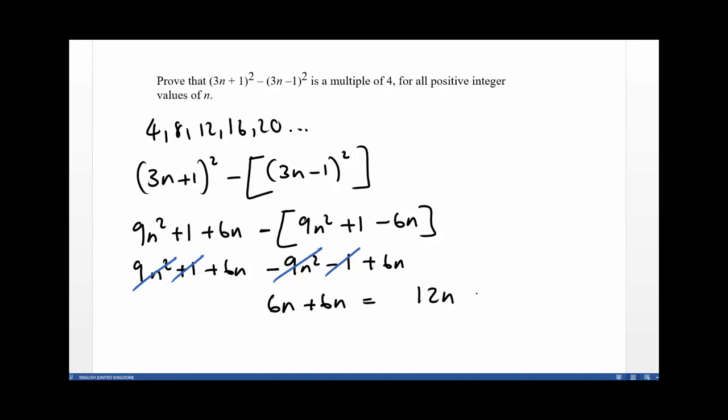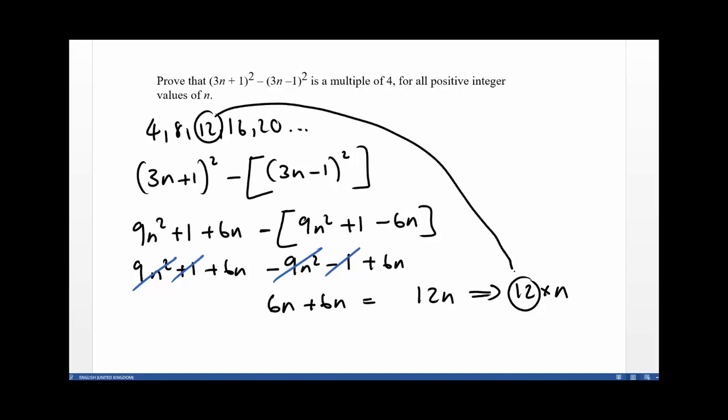This means 12 times n. Isn't 12 a multiple of 4? Yes, it is. Okay. Is it positive? Yes. So our final answer, therefore, is 12n. Give yourself a pat on the back if you got that right.